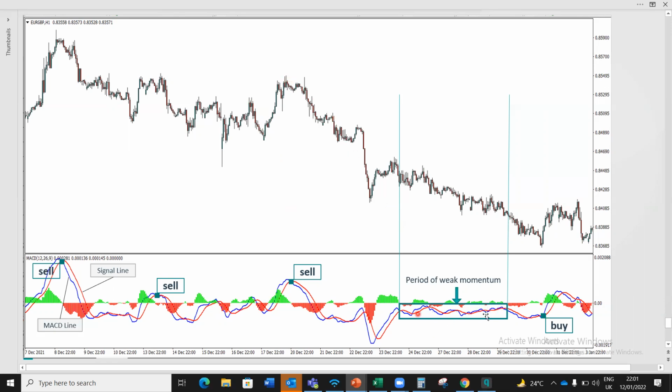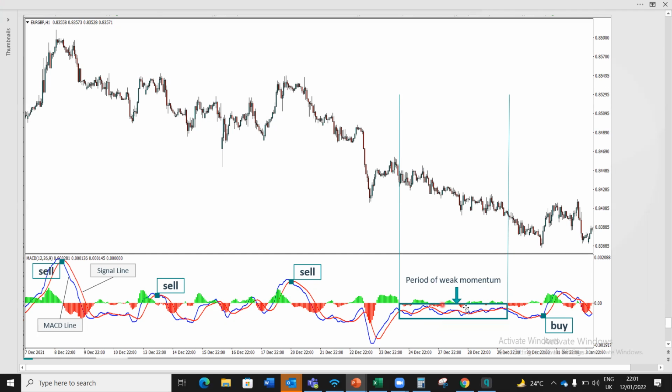Now this part, we remember we said that if the MACD line and the signal line are very close to each other, what it simply indicates is weak momentum. It simply means that there is an activity going on, but you would not see much of the volume that will drive prices much in favor of the bulls or the bears.